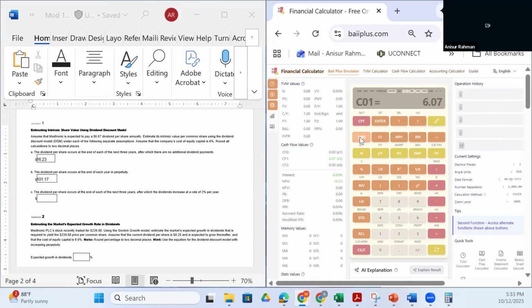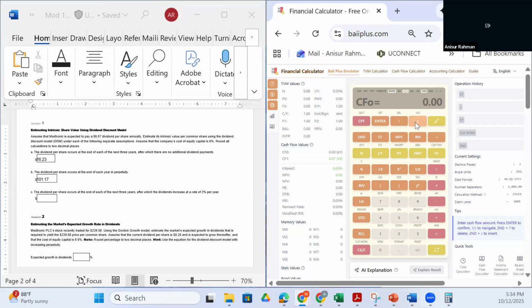If you press second clear work on your physical calculator, they should be erased, but in this online calculator they are not. That is the limitation of this online version, but it is not an issue on your physical calculator.